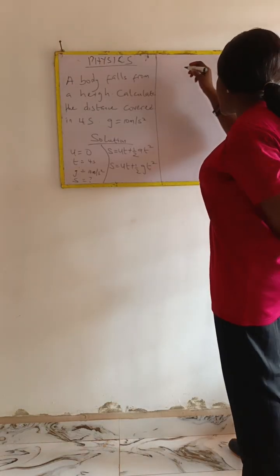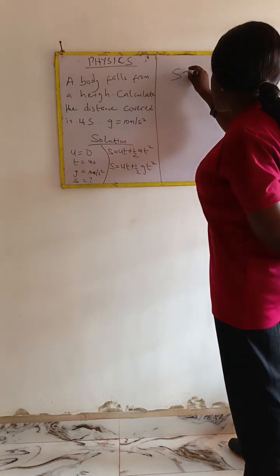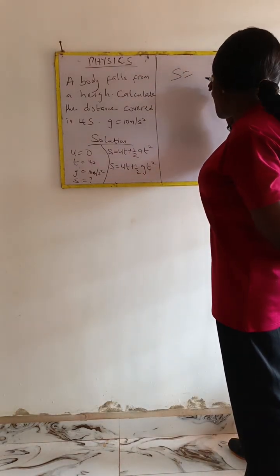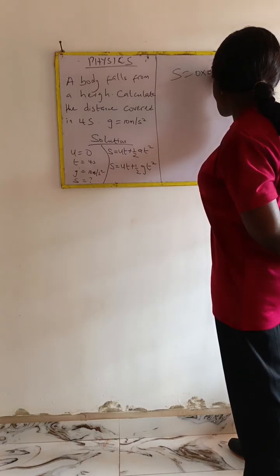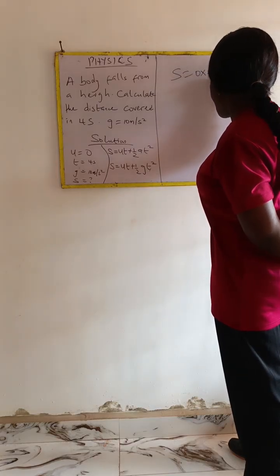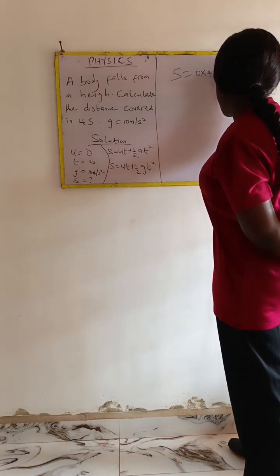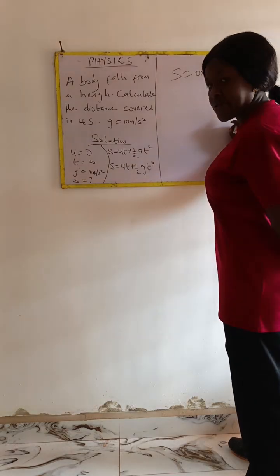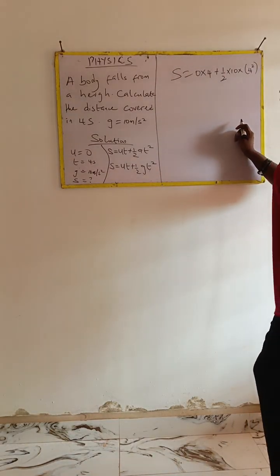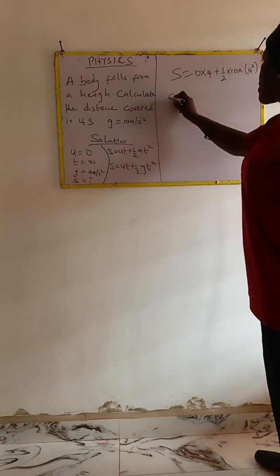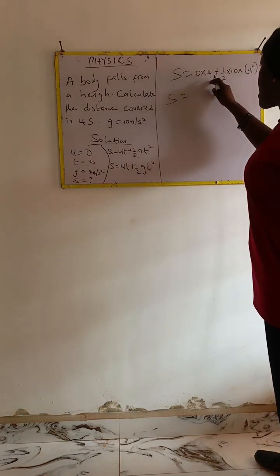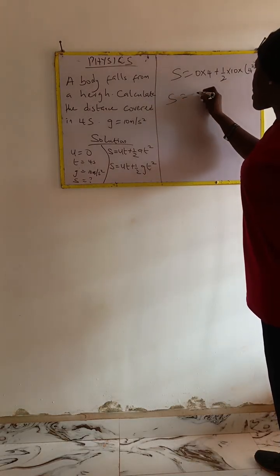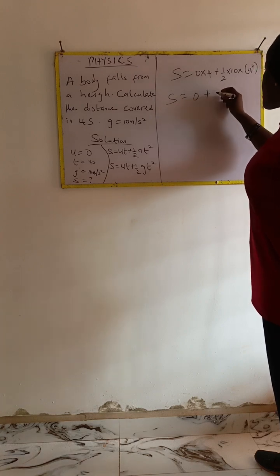We now have that s equals 0 times 4 plus half times 10 times 4 squared. So 0 multiplied by 4 gives me 0, plus half.